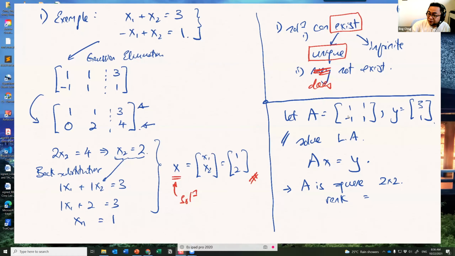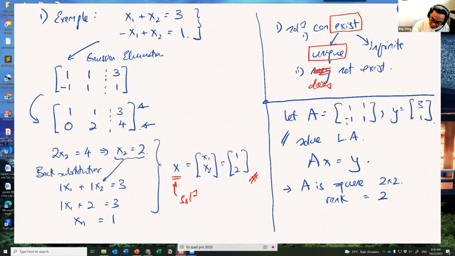And it is definitely, you know, the first column is not dependent on the second column, or the first row is not dependent on the second row. There's no way I can construct one from the other, or the linear combinations of the others. So this is rank 2, because there are 2 independent rows, there are 2 independent columns. The row rank and column rank will always be the same. And the rank in this case is 2.